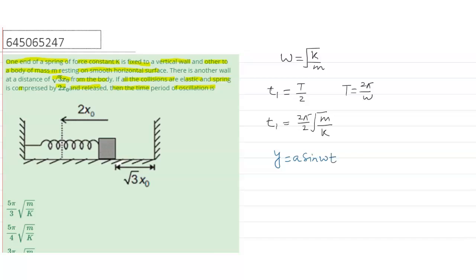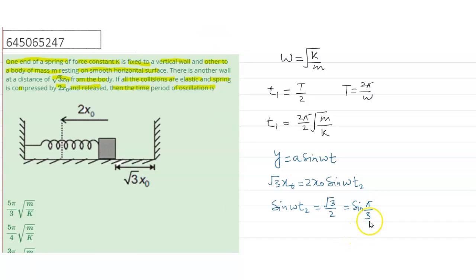Here y is equal to under root 3 x0 and amplitude is 2x0 sine omega, and let us say this time is T2 from mean position to the wall. So sine omega T2 will be equal to root 3 by 2, and that comes out to be sine pi by 3.